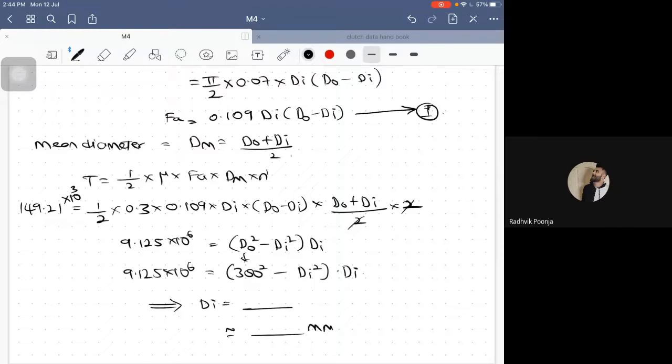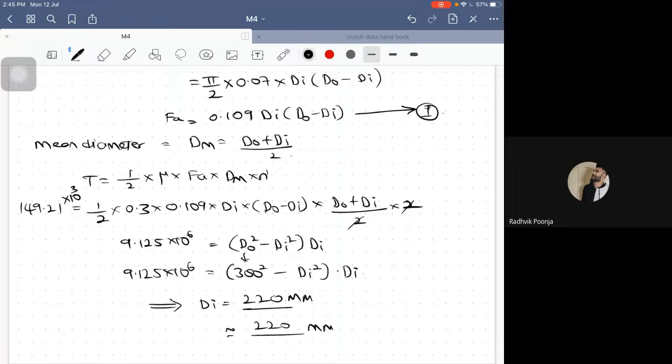Okay, 220 mm. It's 220.48, so we'll take it as 220 mm.